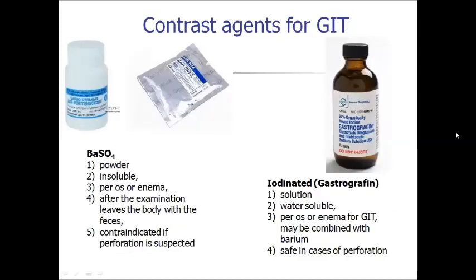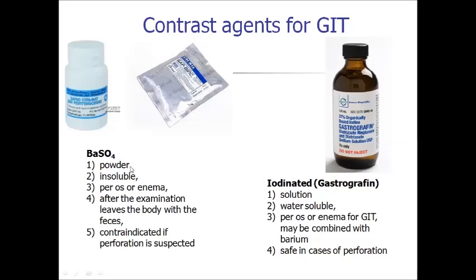For gastrointestinal tracts, two types of contrast agent are most widely used now. First of all, simple but irreplaceable barium sulfate, and next generation iodinated contrasts, usually gastrografin. What are these substances?